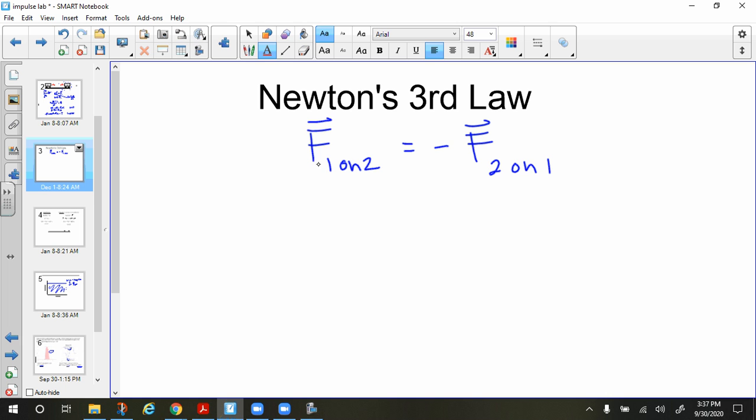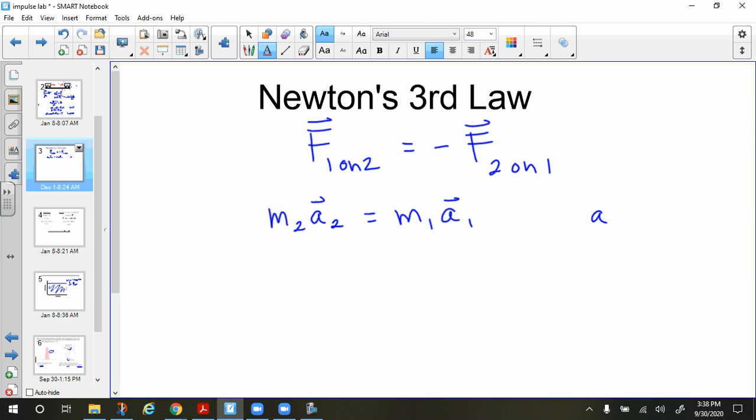So then I'm going to replace this with mass 2 times acceleration 2 is equal to mass 1 times acceleration 1.